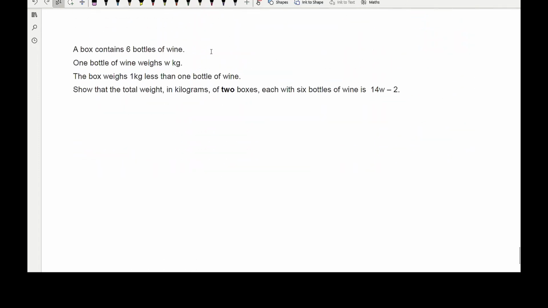So it says the box contains 6 bottles of wine. 1 bottle of wine weighs W kilograms. A box weighs 1 kilogram less than 1 bottle of wine. Show that the total weight in kilograms of 2 boxes each with 6 bottles of wine is 14W minus 2. So first things first, let's have a look at the components of this question.